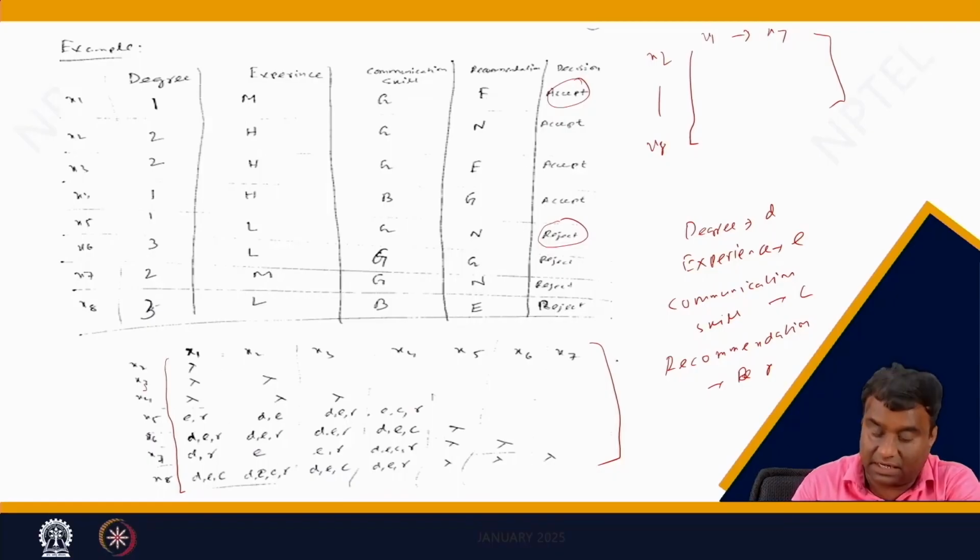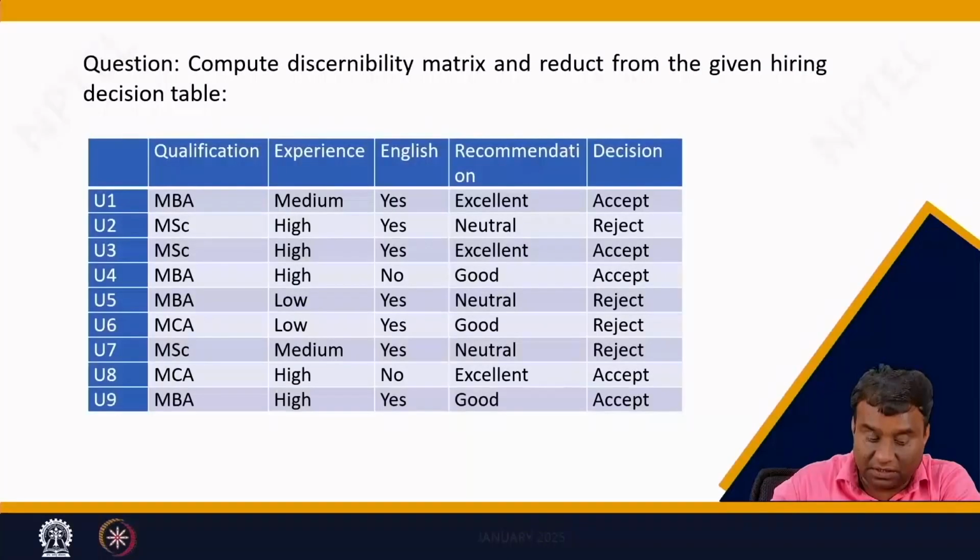So in this way you can write the discernibility matrix and also write the discernibility functions and find the reduct and core.